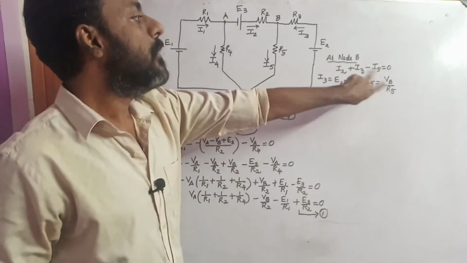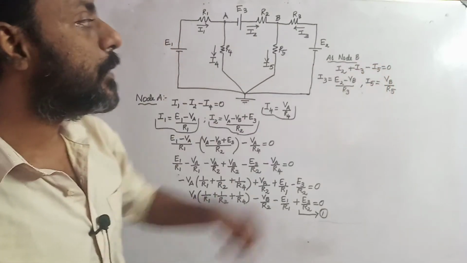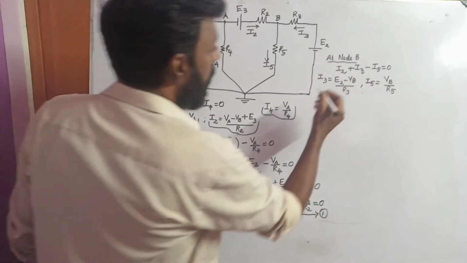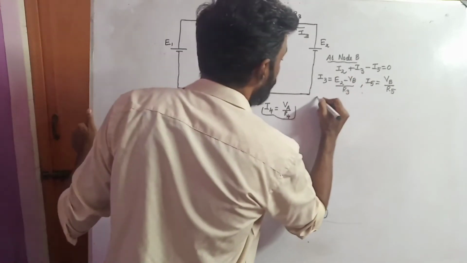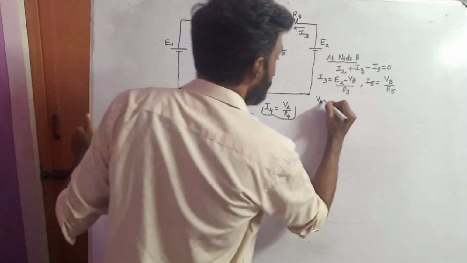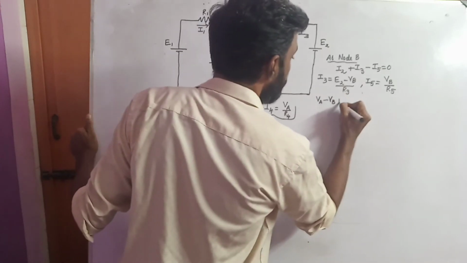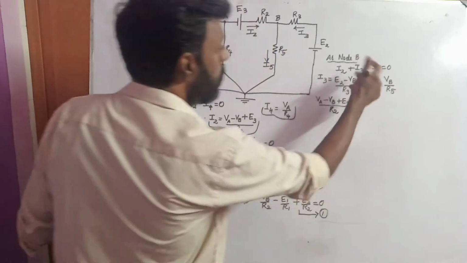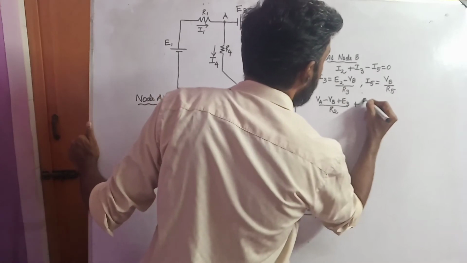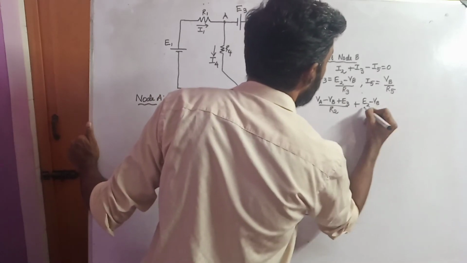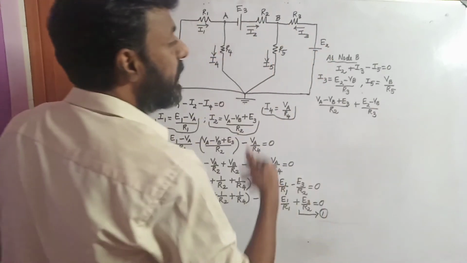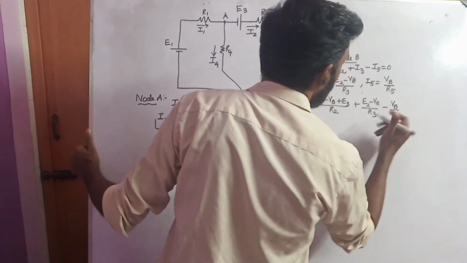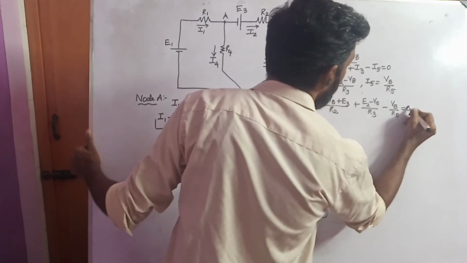So we have obtained the values for all the individual parameters in this equation. The next step is that we need to substitute all the values which we had obtained. So I2 is nothing but VA minus VB plus E3 divided by R2, plus I3 value is plus E2 minus VB divided by R3, minus I5 is minus VB by R5, equal to 0.